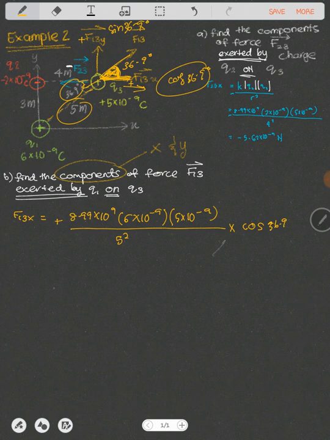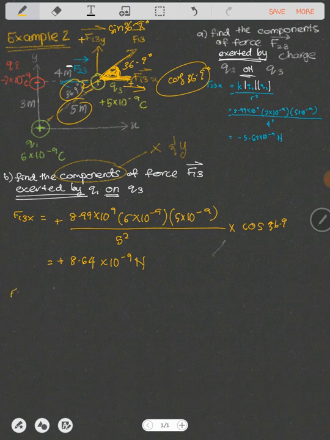And then the answer will be positive 8.64 times 10 to the power of negative 9 Newton. Don't forget about the unit.